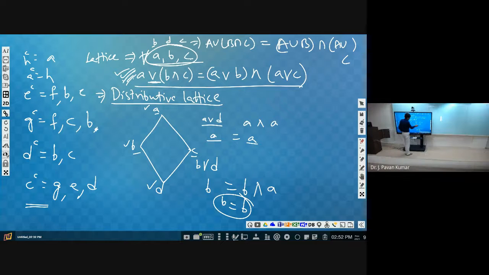Now, in the last class, we have seen a simple trick to find whether the lattice is a distributive lattice or not based upon the complement.